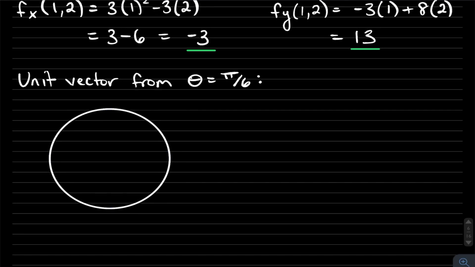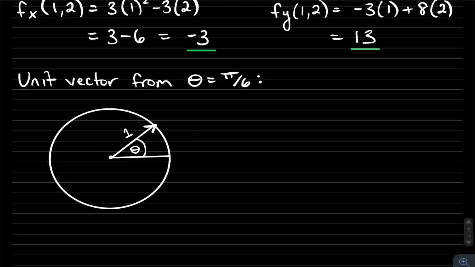Okay, you have your origin here, you have your 0 degree line there, and then let's say that this is pi over 6. Well, on your unit circle you have your magnitude of 1 because it has a radius of 1.